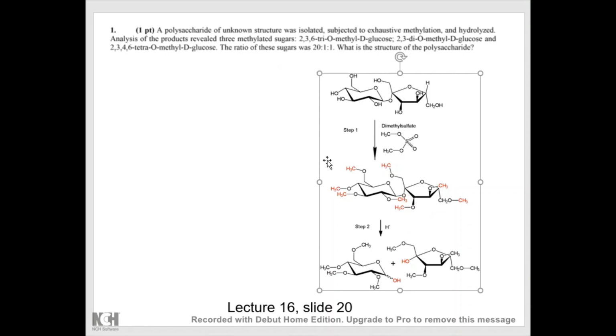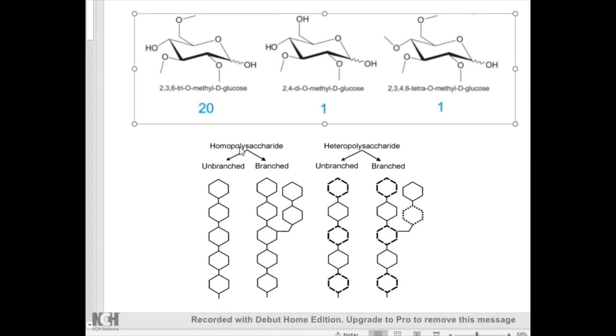So now let's go back to our question, and we will start with drawing the structures of the 3 products that are given to you. Let's take a look at the structures of products of polysaccharide chemical treatment.